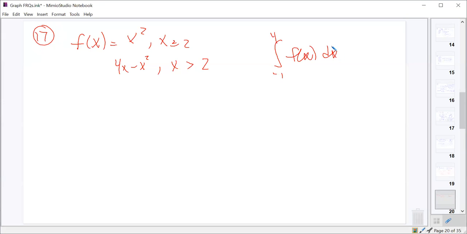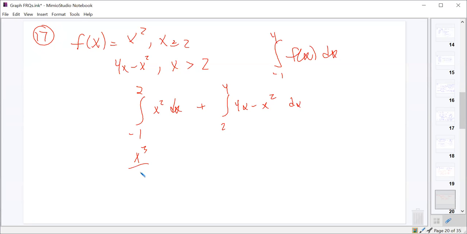So in order to do this one, because we have a piecewise defined function, we have to split it into two different intervals at the point where it changes. So from -1 to 2, we'll just integrate x squared. And from 2 to 4, we'll integrate 4x minus x squared.